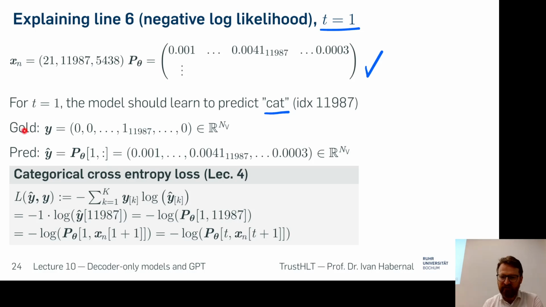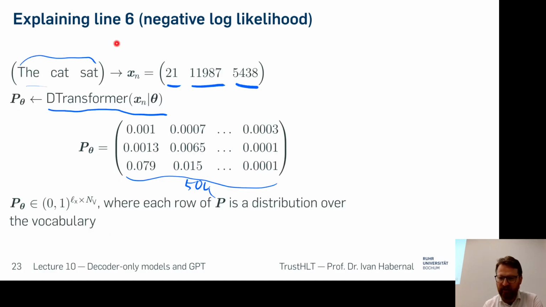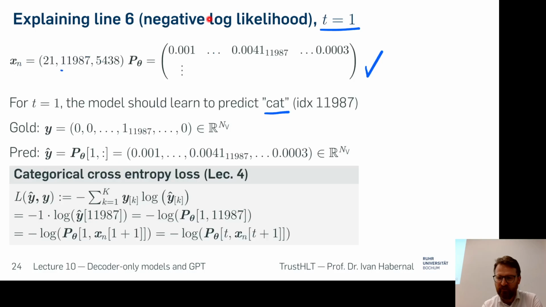So the gold standard is the one-hot encoding of cat. The token cat corresponds to position 11,987 in the vocabulary, so the one-hot encoding is all zeros except for a 1 at position 11987.